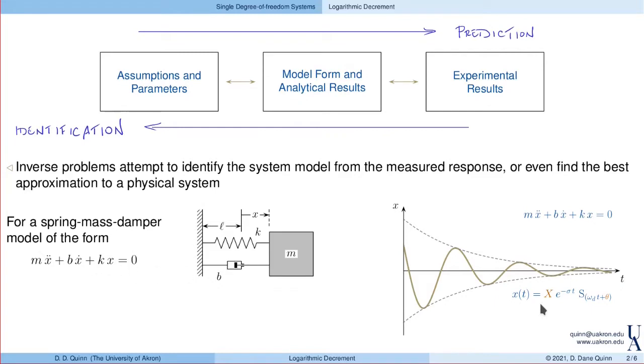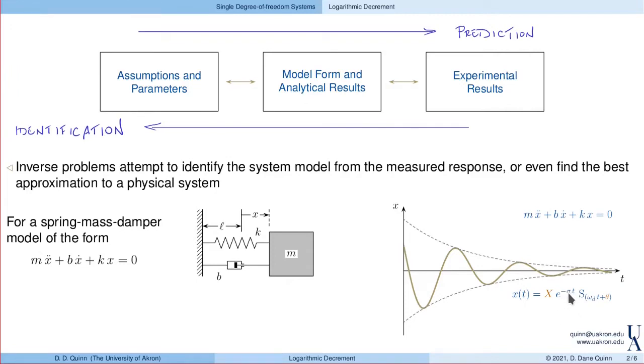And of course, I can solve this, right? And I know how to do this. We've had lectures on this. And the solution looks like some amplitude, right? We have an exponential decay term, e to the minus sigma t. And then we've got an oscillatory component, damped natural frequency omega d. Notice that there are really two parts to this, right? One part involves the system parameters, right?